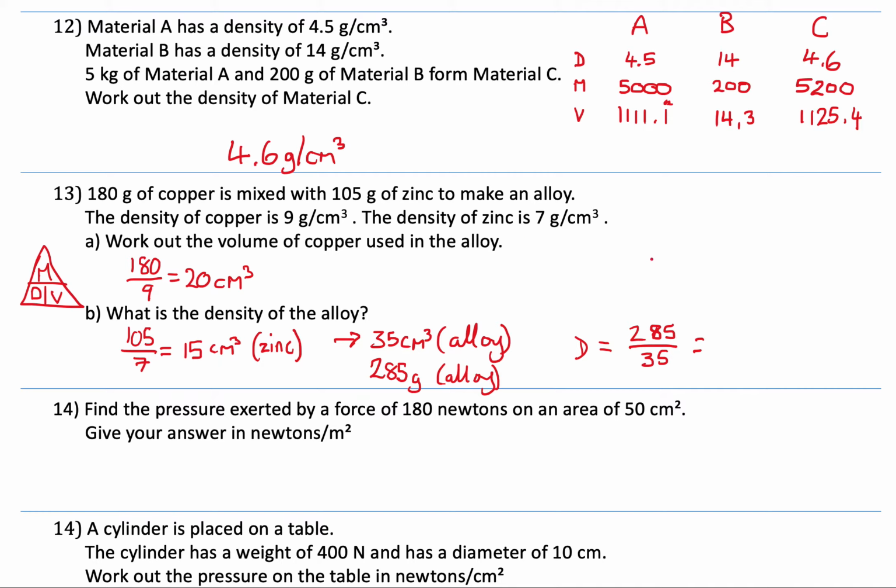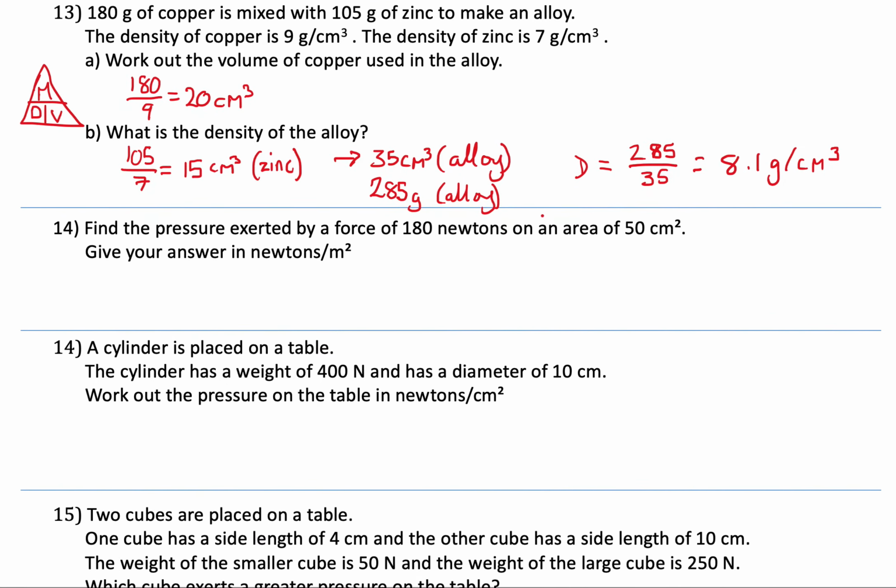So 8.1 to 1 decimal place. Again, just looking at the densities we've got up here, it's between the two, which you would expect.